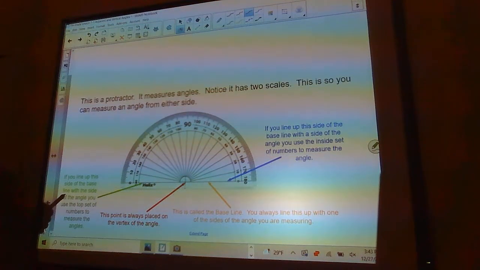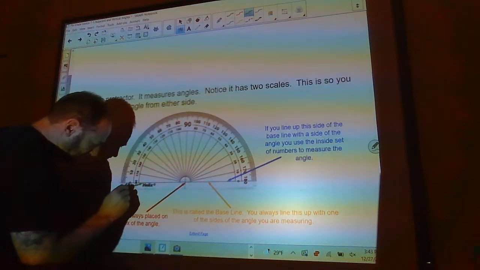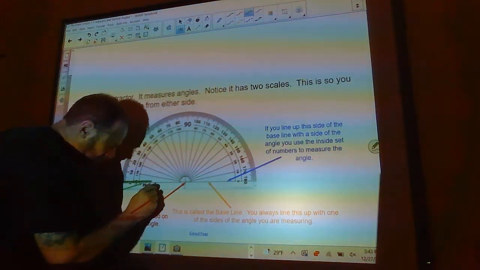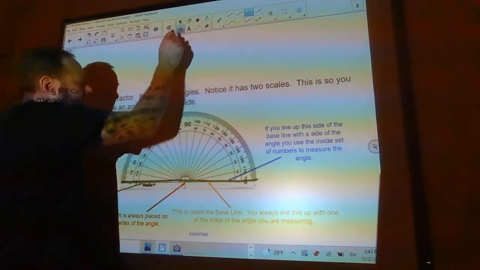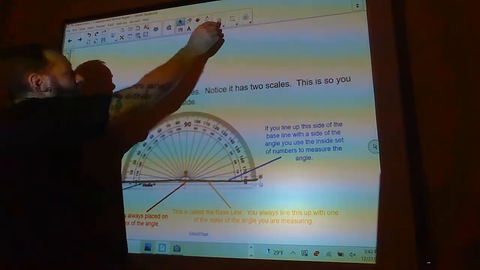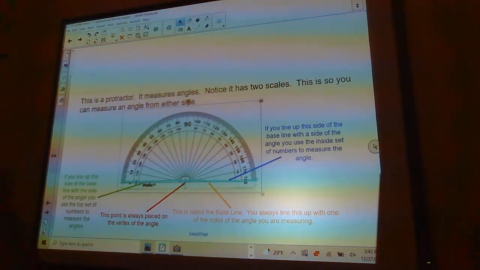Now, this line right here, I wanted that to be a different color, is called the baseline.